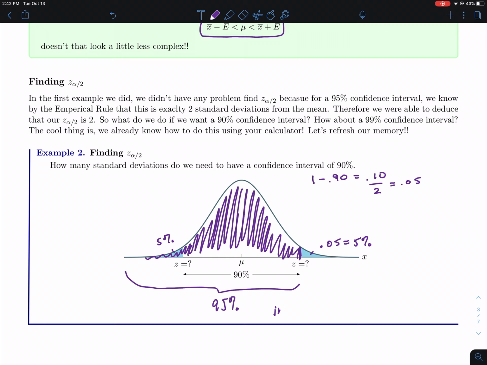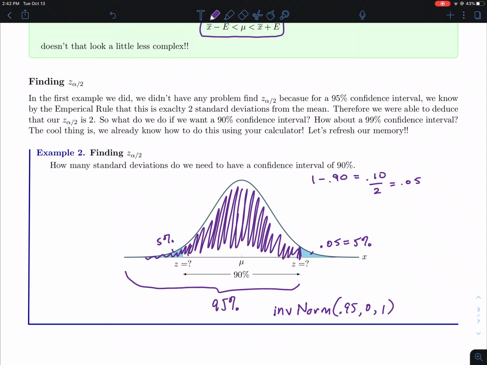So what I can do is use inverse norm of 0.95. In this case we're using the standard normal distribution because I just want to figure out the z-score, so I have a 0 mean and a 1 standard deviation. I can just throw that in the calculator, and that's going to give me the exact z-score that would allow me to calculate the confidence interval I'm looking for.